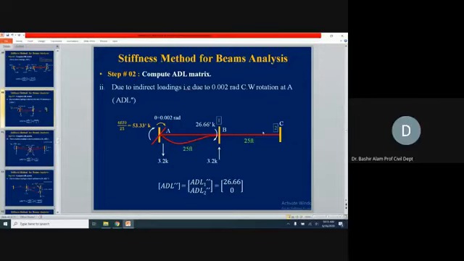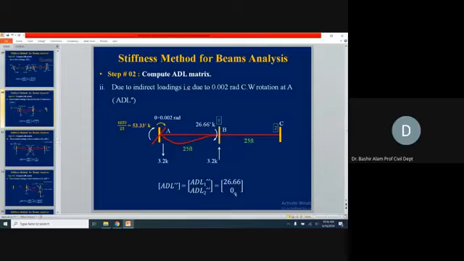Now, on the right-hand side, we don't have any rotation, so all the member end actions will be 0 there. Corresponding to D1, we have 26.67 clockwise, so ADL1 double prime is 26.66, and corresponding to D2, we have 0. So ADL2 double prime is equal to 0.